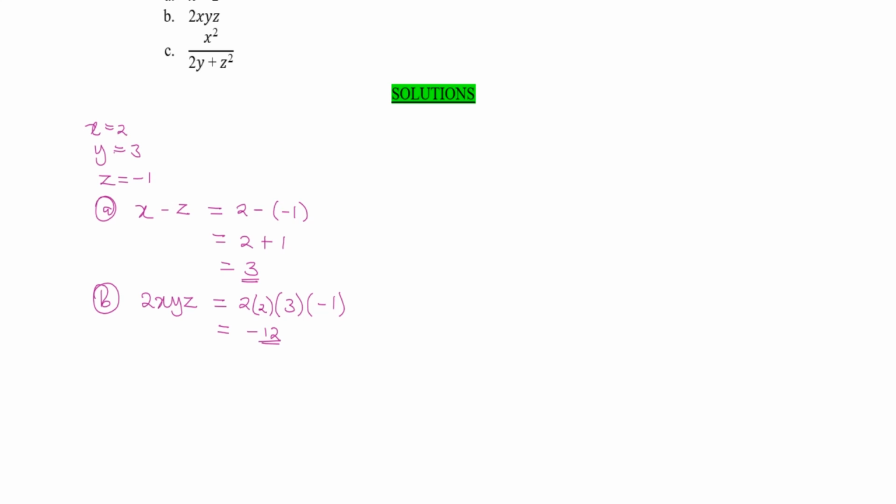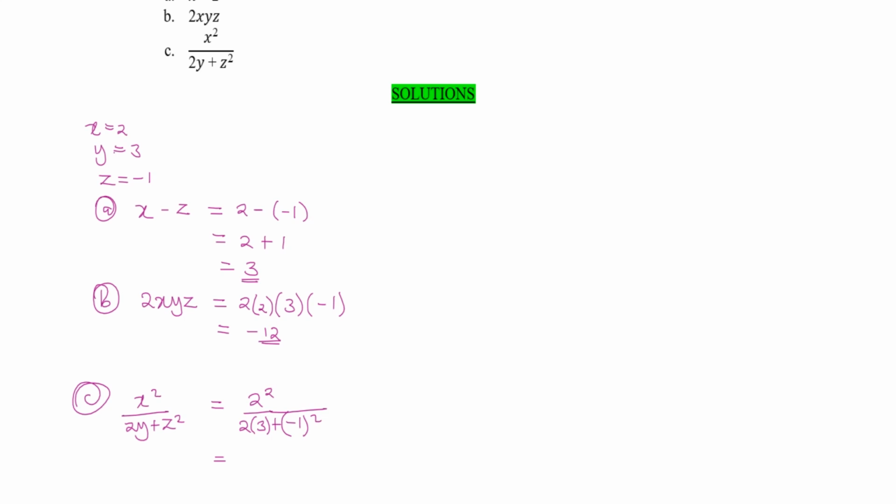For C, we have x squared over 2y plus z squared. This will give us, for x, the numeric value of x is 2, so we are saying 2 squared over 2 multiplied by the value of y, which is 3, plus the value of z, the numeric value is -1, and we are squaring it.